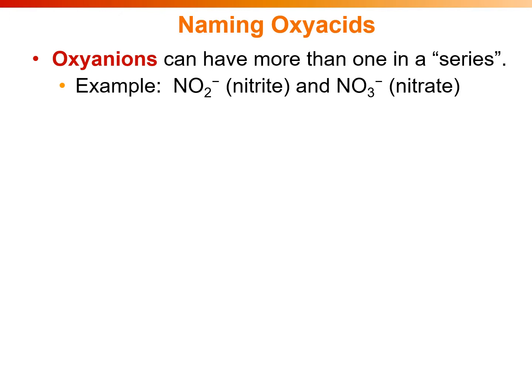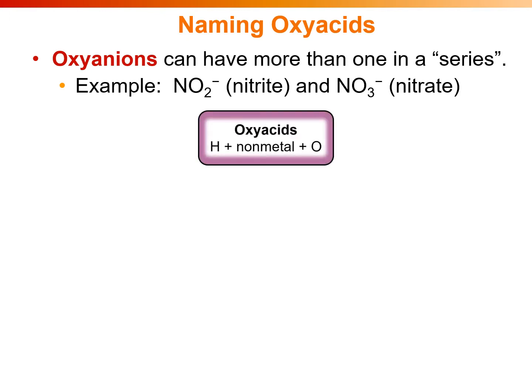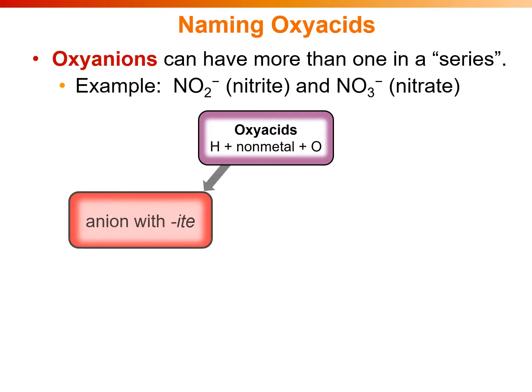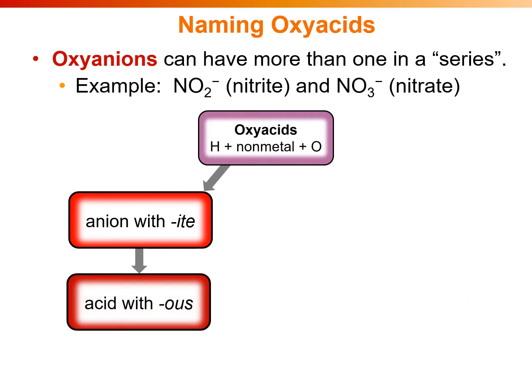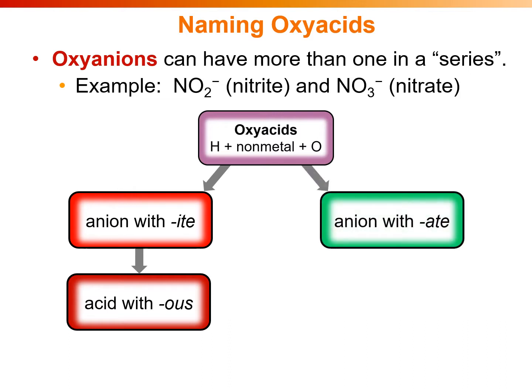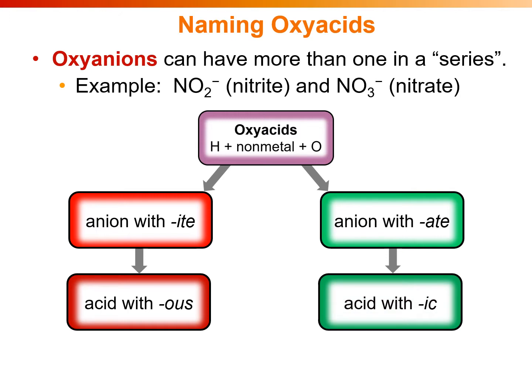So what are the rules for naming these oxyacids? Well, if the oxyacid is made of an ion that has an ite ending, the acid retains the base name of the anion but gets an us ending. If the acid is made from an ion with the ate ending, the acid retains the base name of the anion and gets an ic ending.